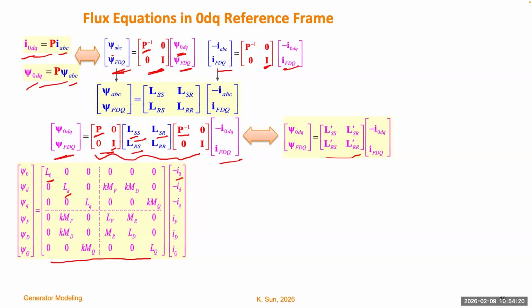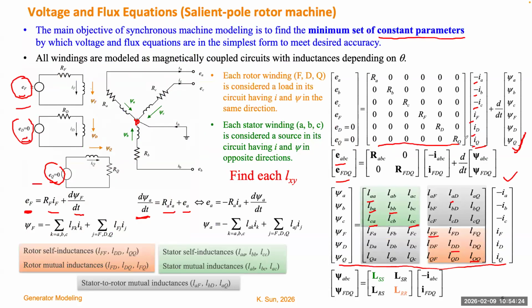So the original matrix, if we go back to here. When we talk about self-inductance for the stator winding, we mean LAA, LBB, and LCC. ABC is in the original frame, but you can assume those LAA, LBB, and LCC have two components: one in the D axis, the other in the Q axis.